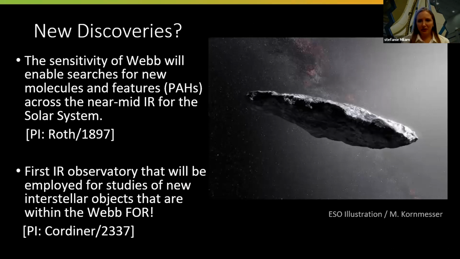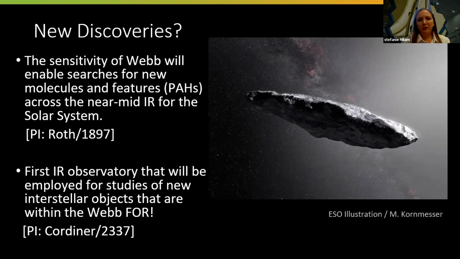And of course, there's the whole discovery space in small bodies in the interstellar medium, in star forming regions, et cetera, with Webb, because we cover wavelengths that are not accessible from the ground, and we have the sensitivity and spectral resolution. We can start doing some searches for some really interesting molecules.